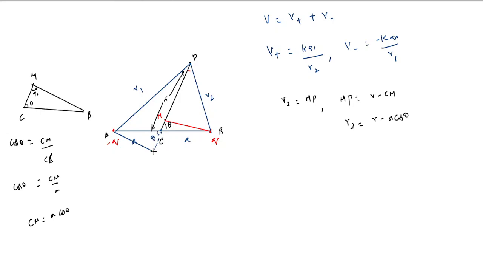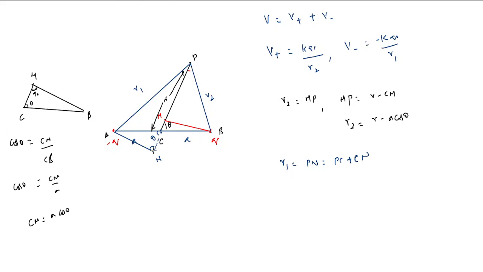We'll call this point N. So R1, this distance, would be the same as NP. Observe carefully that we extend it properly to the normal made, so this and this would be the same. So R1 is equal to PN, but PN itself is equal to PC plus CN.